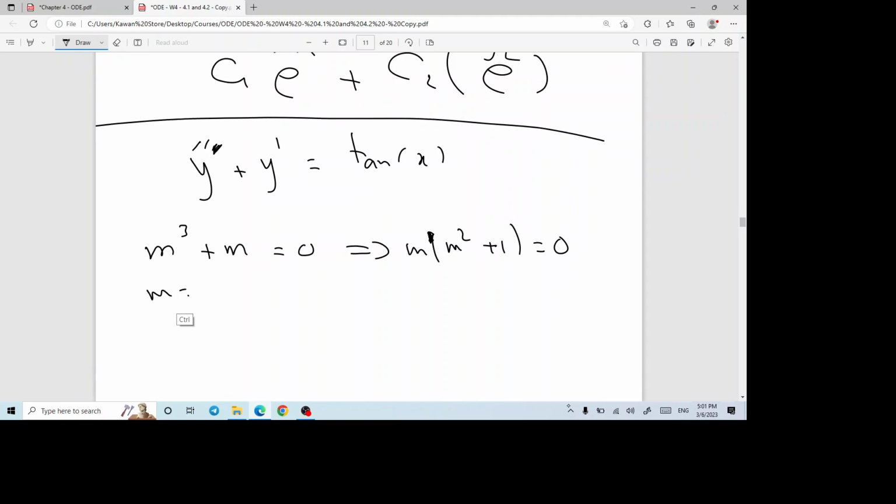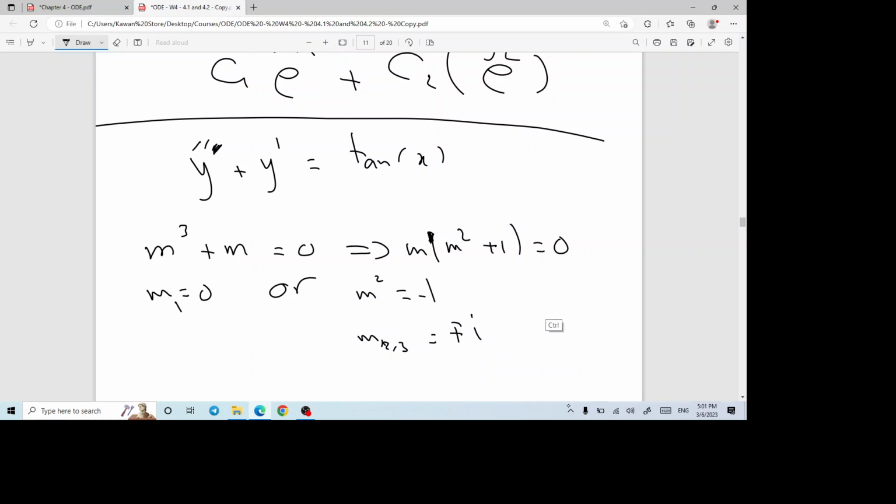So m equals 0 or m squared equals minus 1, so m equals plus or minus i.